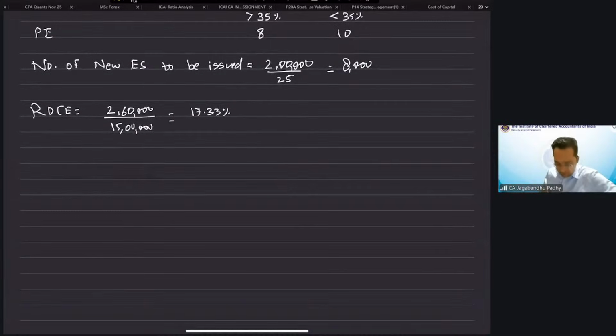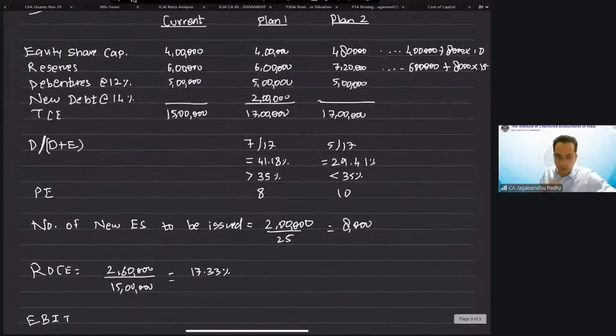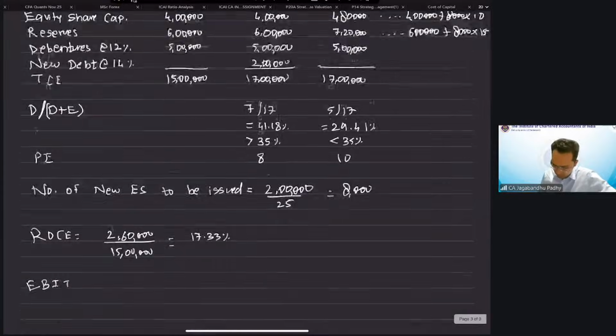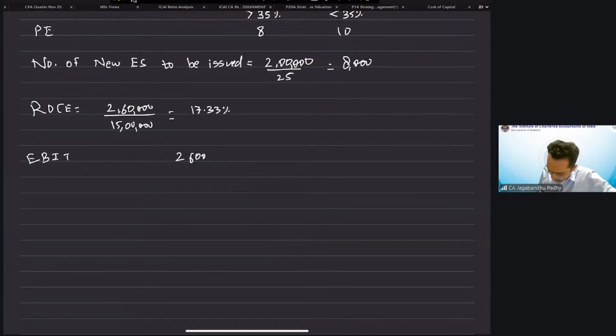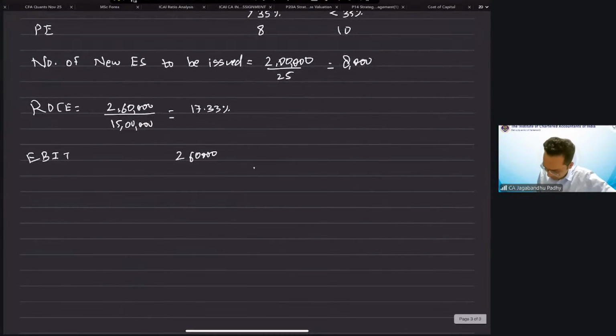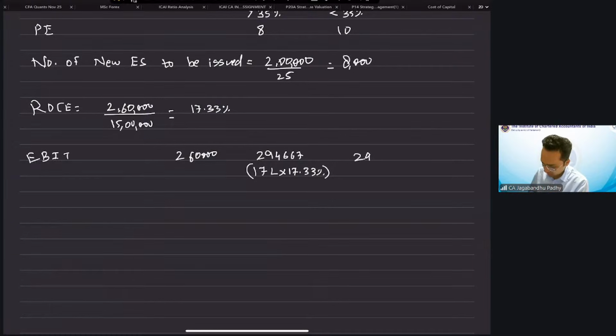And I'm going to apply this return on capital employed to arrive at EBIT. So in plan 1, our EBIT, originally it is 2 lakh 60,000. In this case, it is going to be 17 lakhs into 17.33%. So EBIT is 2 lakh 94,667.